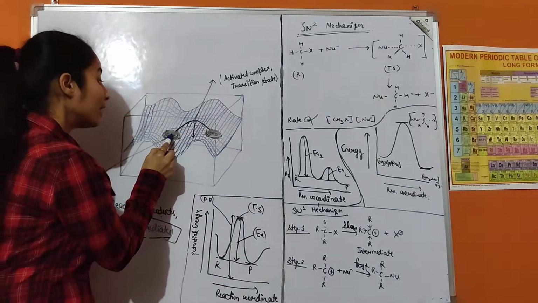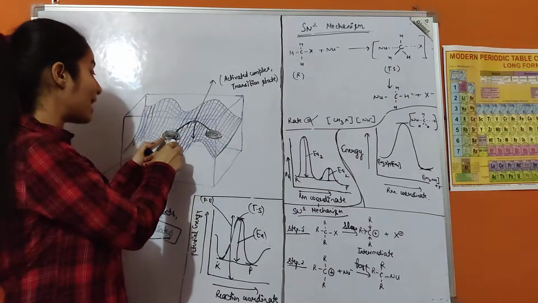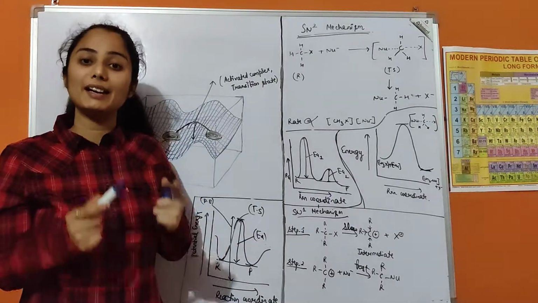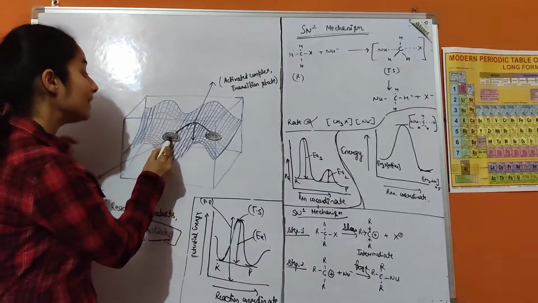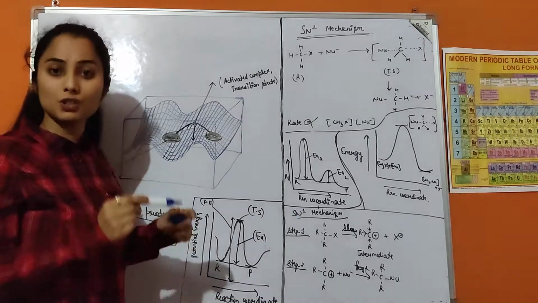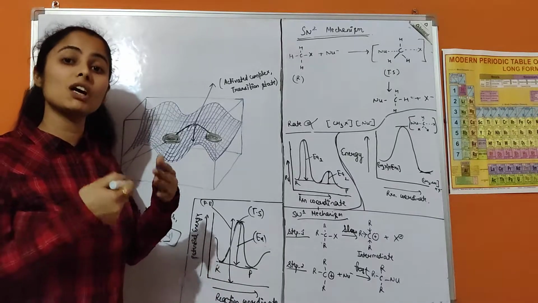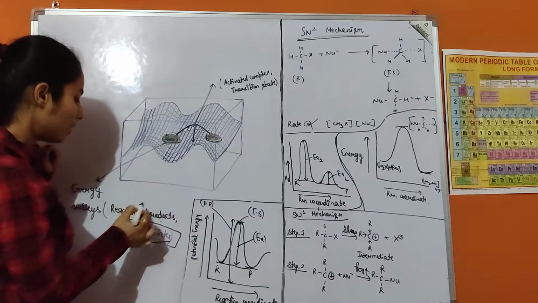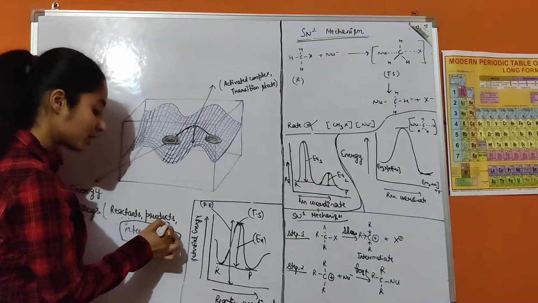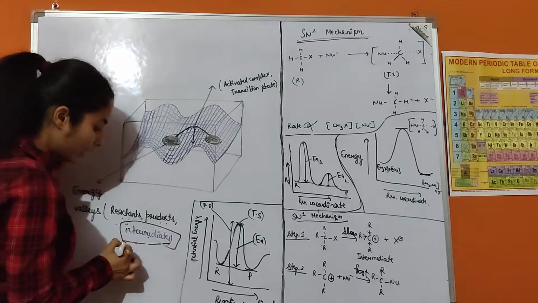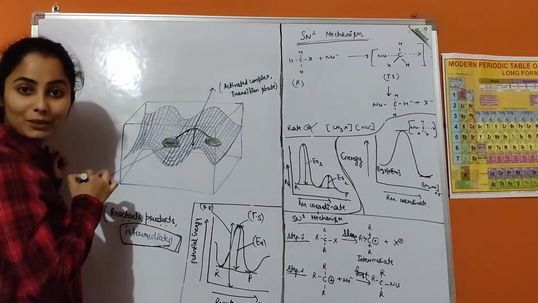In chemistry this altitude represents our energy. It means these represent the molecular structures which are low in energy, or we can say which are stable. So these are reactants, products and intermediates. So here comes our term intermediates.